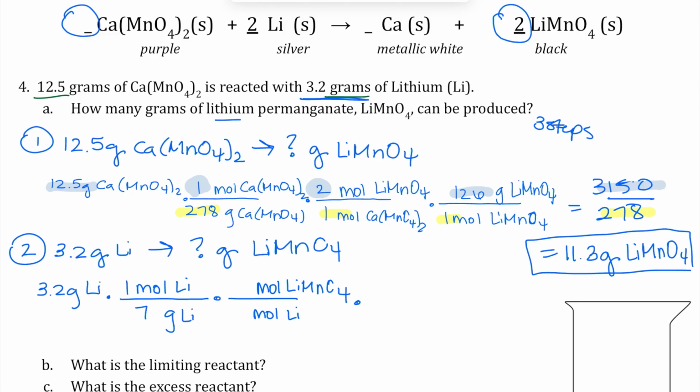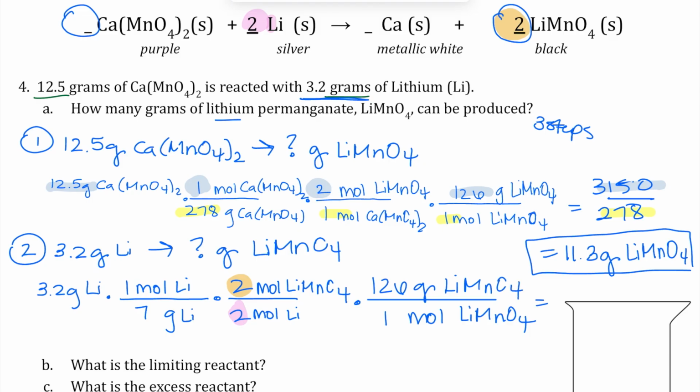We use our coefficients. So we've got 2 moles of lithium permanganate and 2 moles of lithium in that mole ratio. And then going from moles of lithium permanganate to grams, 1 mole is molar mass, 126 grams of LiMnO4. And then we are going to be able to go and do our calculations.